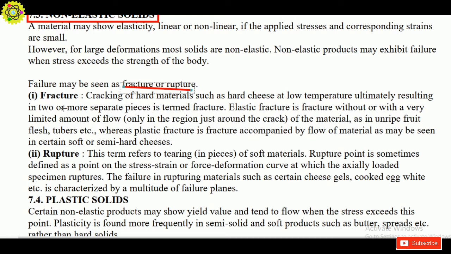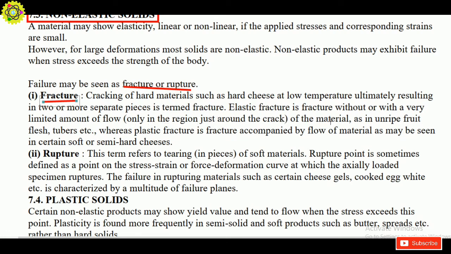So here friends, fracture we are going to see now. Cracking of hard materials such as hard cheese at low temperature, ultimately resulting in two or more separate pieces, is termed as fracture.